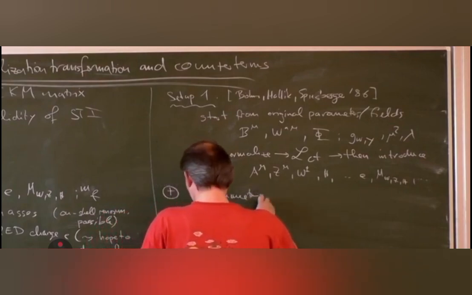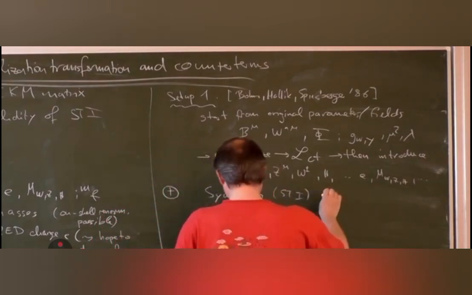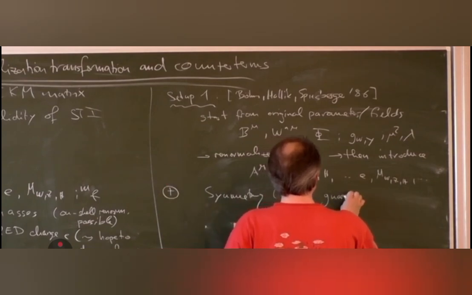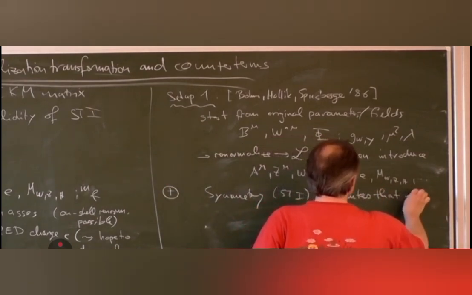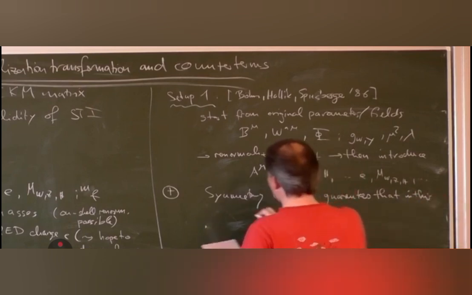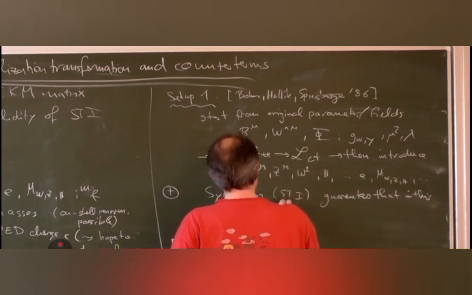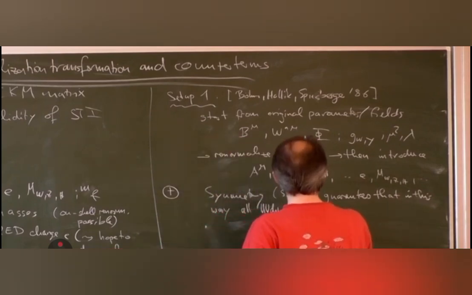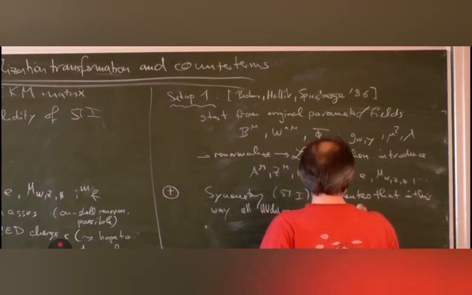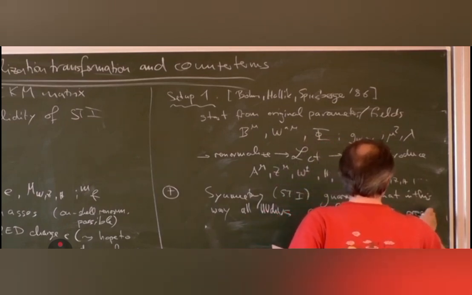So symmetry: all divergences, at least all ultraviolet divergences, cancel, and the Slavnov-Taylor identity is preserved.